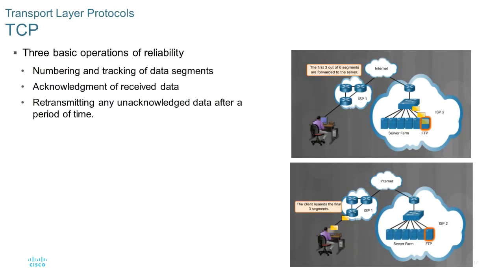That's basically a three-way handshake. So the recipient acknowledges the receipt of those segments. By the acknowledgement sequence and system, the source knows whether or not it needs to retransmit any data that is not received by the other end.